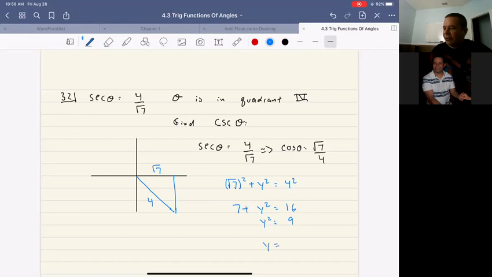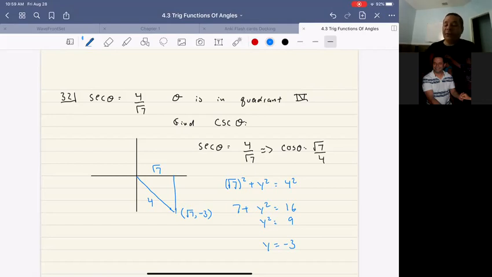Y equals, that's right, -3. Why the -3? Because we're down here, this is a point in the 4th quadrant. In the 4th quadrant, the y coordinate is negative. So this point here is root 7 together with -3.